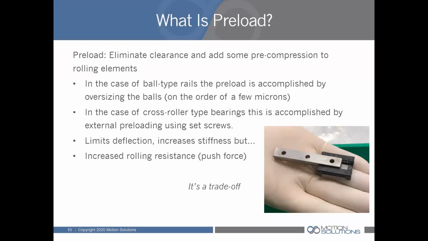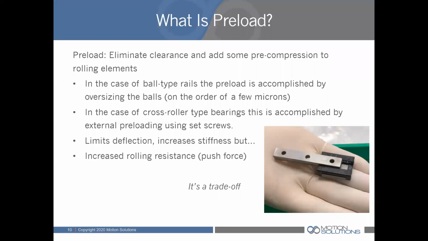On the larger rails, there's a heavier preload selection, and you might have 10, 15 microns of preload on the ball. When there's preload, the ball is actually compressed, has to compress by that amount to fit between the block and the rail. What that does is eliminate any free clearance and pre-compress the balls and increase the stiffness.